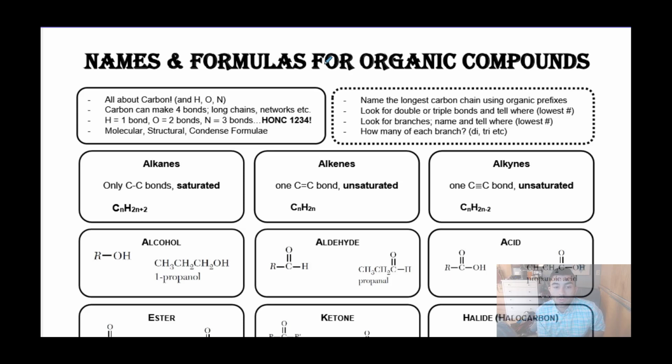And then we're going to look at how many of each branch we have by using the molecular prefixes. So mono, we don't use mono in the name, but di, tri, tetra. If I have, let's say, 3 methyl groups in an organic molecule, it would be trimethyl. Or if I had 2 ethyl groups, it would be diethyl.